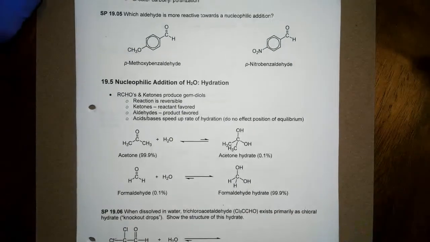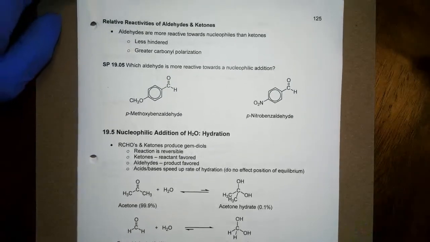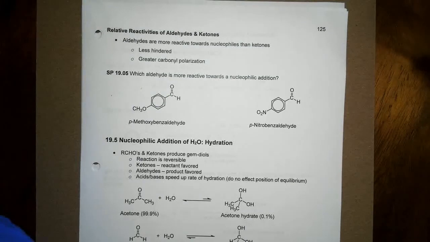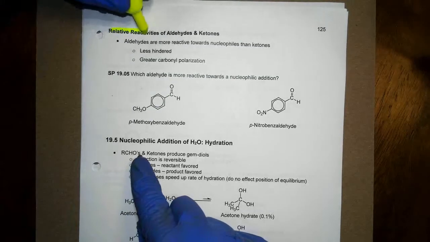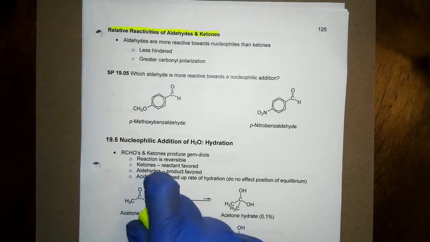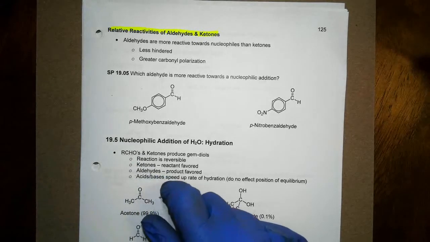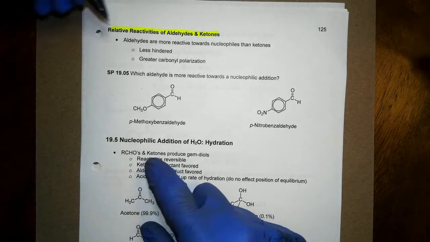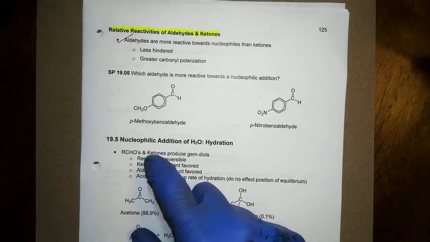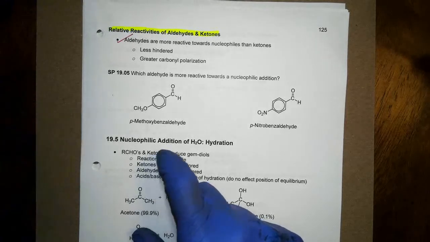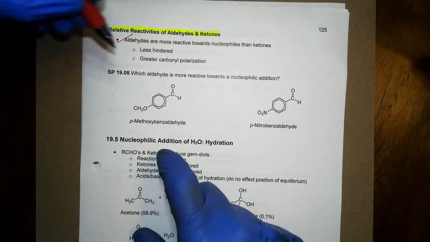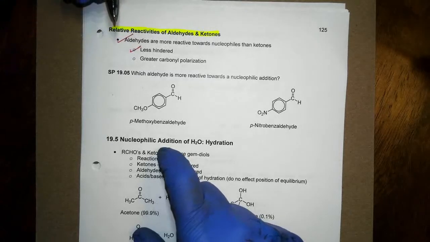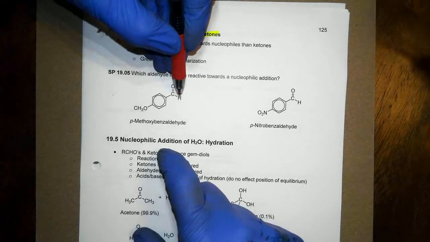So let's take a closer look at that, and let's go to the top of page 125, where we discuss the relative reactivities of aldehydes and ketones. We're going to look at aldehydes first. Now, aldehydes have a tendency to be more reactive than ketones. The reason for that is they're less hindered, which should be apparent because we have a hydrogen here versus a carbon.